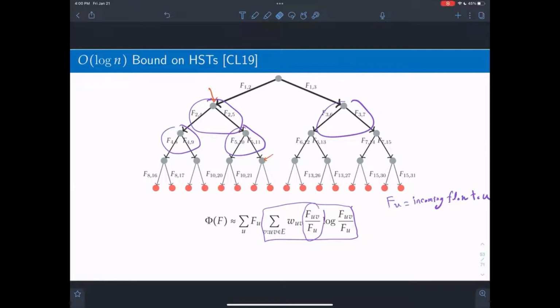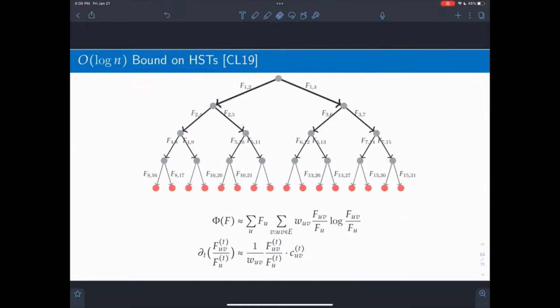And this ratio is some sort of conditional probability of playing on the subtree rooted at V, given that we are playing at the subtree rooted at U. Then the dynamics would look like something like this, which is also very similar to what we had in the case of weighted star, but now our variables are these ratios.